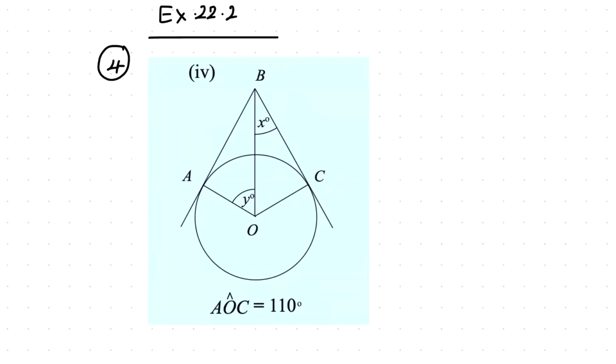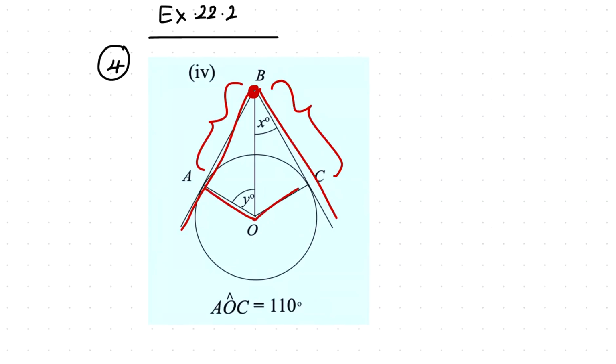The tangents drawn from this external point to the circle are these two, one is BA, the other one is BC. Those are the tangents. Then this is the center, this is the radius, this is also the radius. OA is the radius, OC is also the radius. Then this is the line that joins the external point and the center. So those are the parts of this diagram.